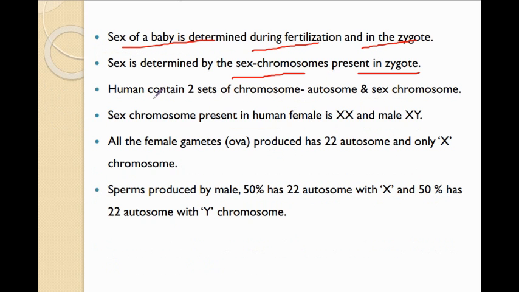So you know that humans contain two sets of chromosomes, autosomes and allosomes. एलोसोम मीन सेक्स क्रोमोसोम. तो ह्यूमन में कितना होता है, 46 क्रोमोसोम होगा if it is diploid. 2n is equal to 46, n is equal to 23. So if n is equal to 23, then out of these, 22 chromosomes are known as autosomes. उसको ऑटोजोम कहा जाता है.